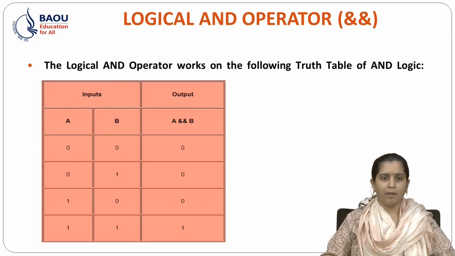So, when I input two variables, that is 0 and 0, which is false, I will get output as 0. Just get the idea of this table. We will see the example of the logical AND operator.